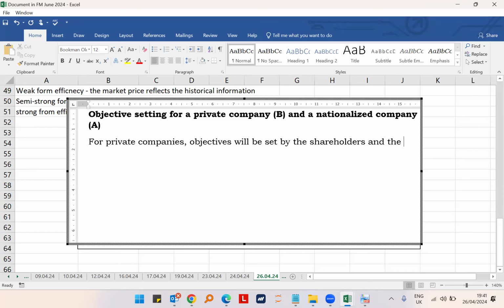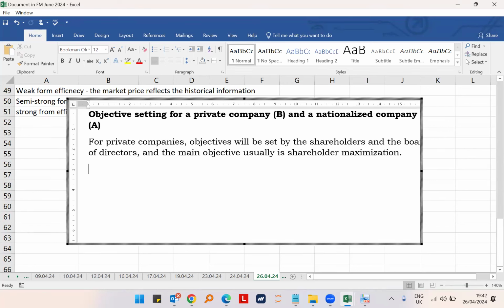Shareholders and the board of directors. And the main objective usually is shareholder wealth maximization. That's the main objective for companies that are private, because they have shareholders that they like to satisfy.